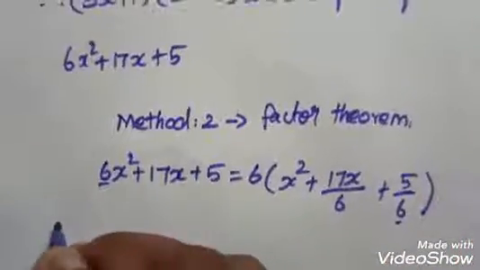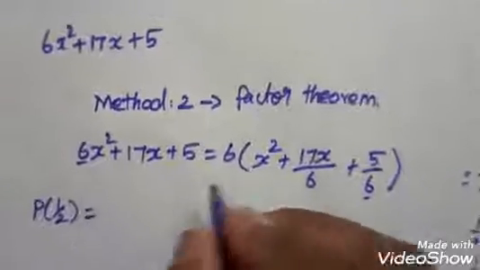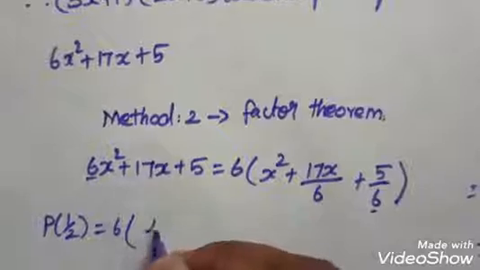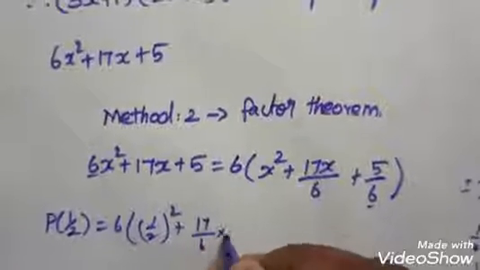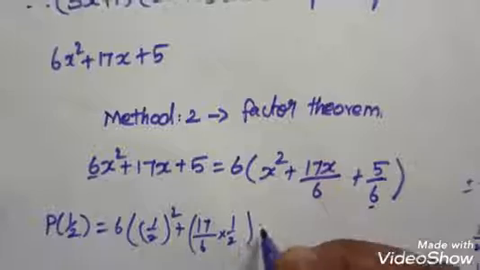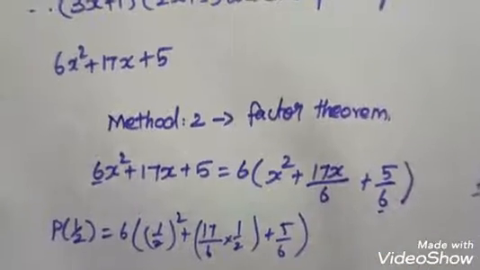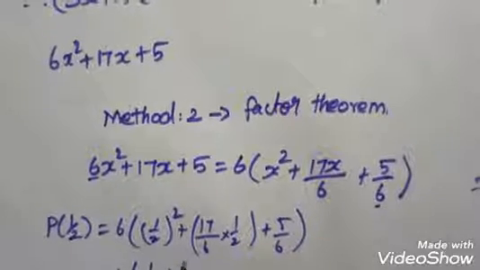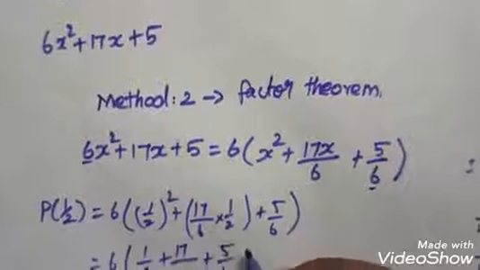So first I take P of plus 1 by 2, which is equal to 6 into 1 by 2 the whole square plus 17 by 6 into 1 by 2 plus 5 by 6. 6 into 1 by 4 plus 17 by 12 plus 5 by 6.